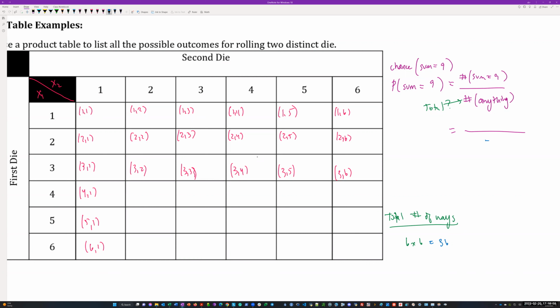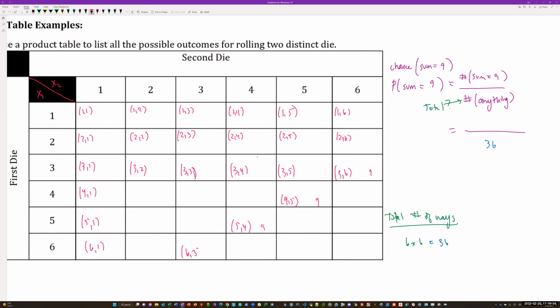All right. What is the number of ways that are favorable to this event? What is the number of ways that we can get the sum to equal 9? 4 is correct. 3 and 6 is 9. 4 and 5 is 9. 5 and 4 is 9.